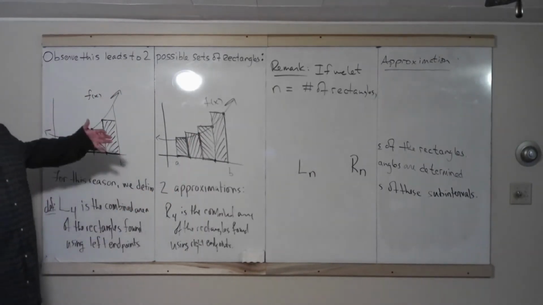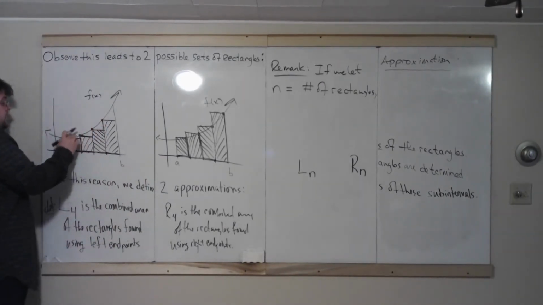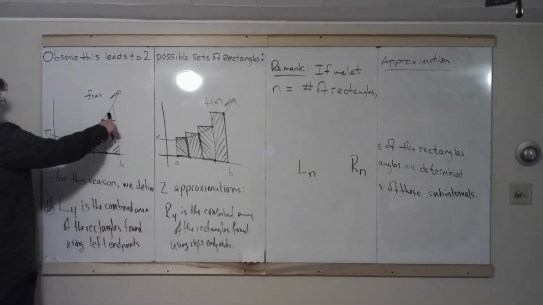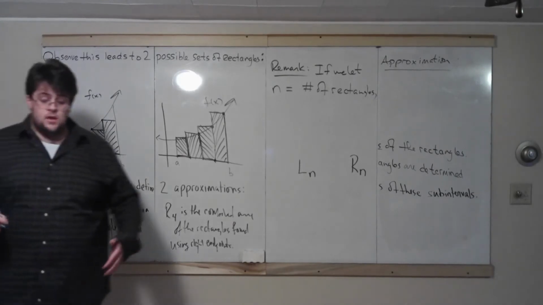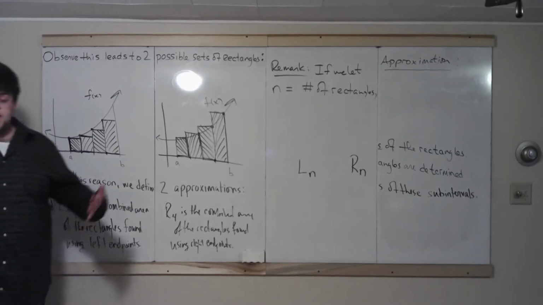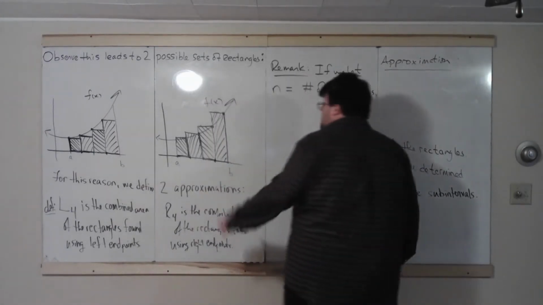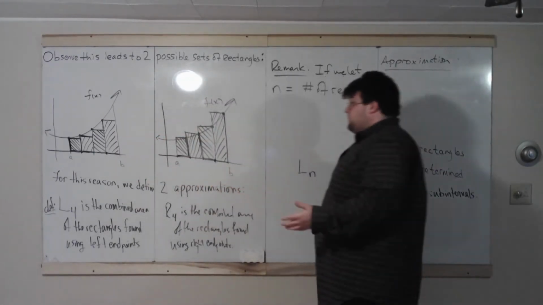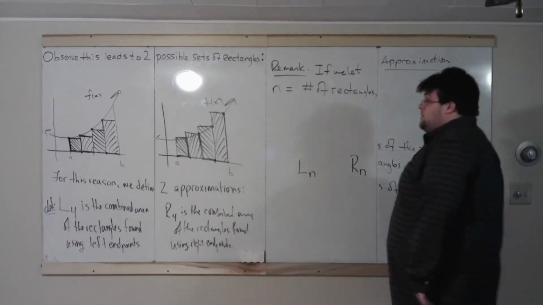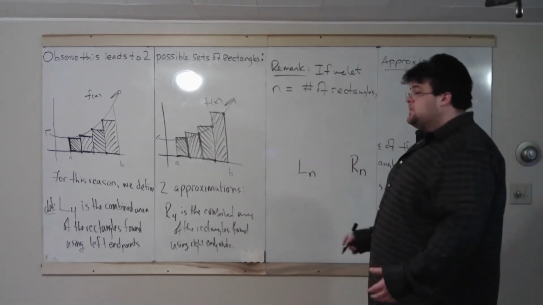Meaning, as the number of rectangles gets large, these error pieces go away. The error goes to 0, which means the approximation will become exact. The approximation will approach the exact area. And that's true regardless of which approximation we use. If we use right endpoints or left endpoints, in the limit, the approximation will become exact. And that's a pretty large theorem in math.